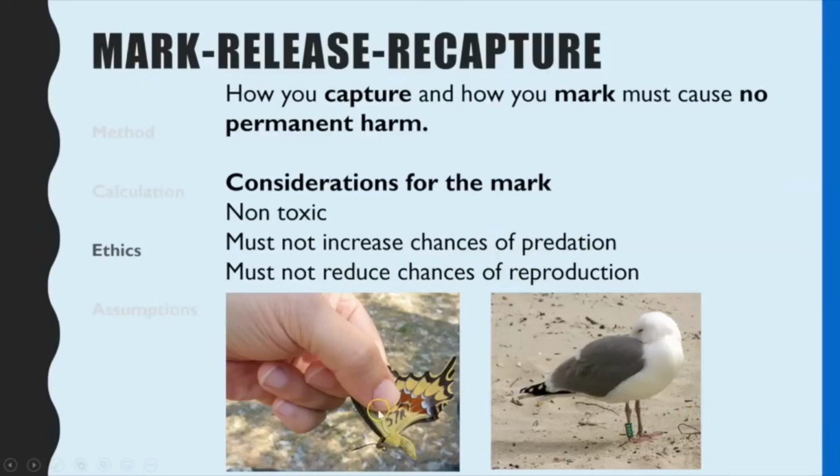So it can't be some bright colour that will then interfere with their camouflage, for example. It also must not reduce their chances of reproduction, so it shouldn't interfere with their courtship ritual. Other things to consider, so this tag here on the bird isn't interrupting their ability to fly. So you've got to make sure that whatever you are doing to mark the animal, it's not toxic, it's not going to harm them, doesn't interfere with reproduction, and it doesn't make them more obvious to predators.